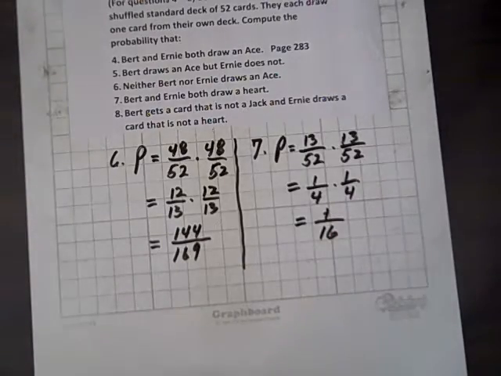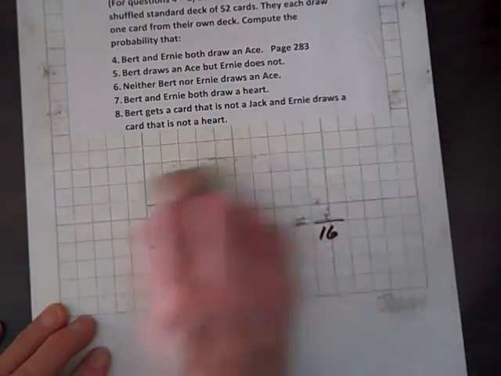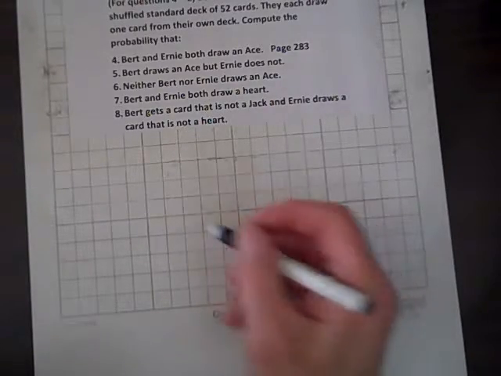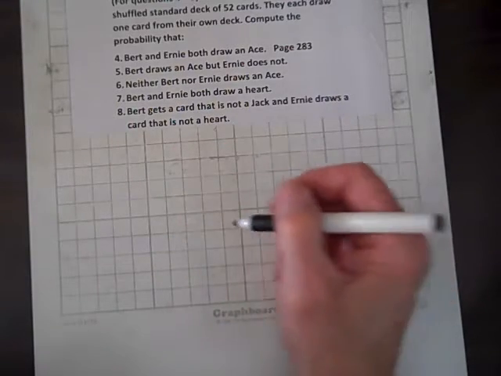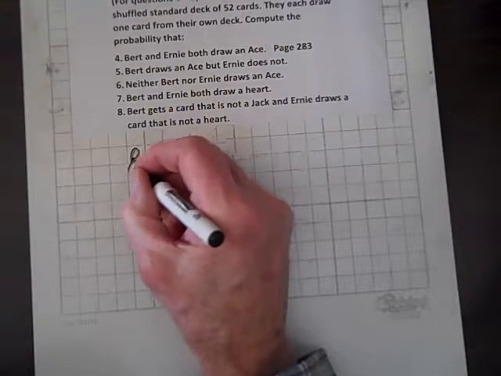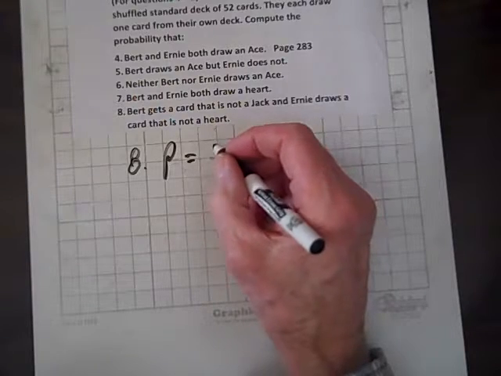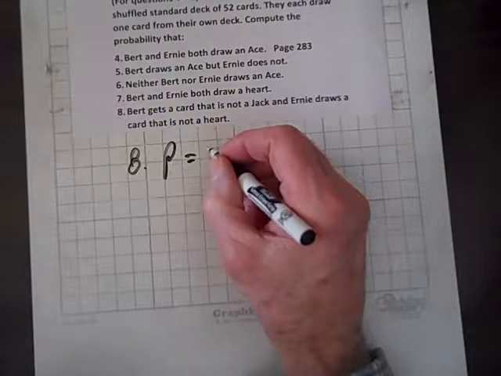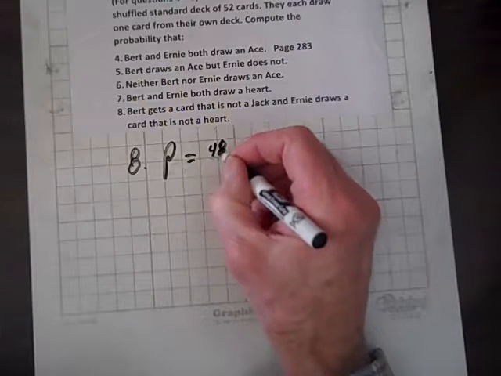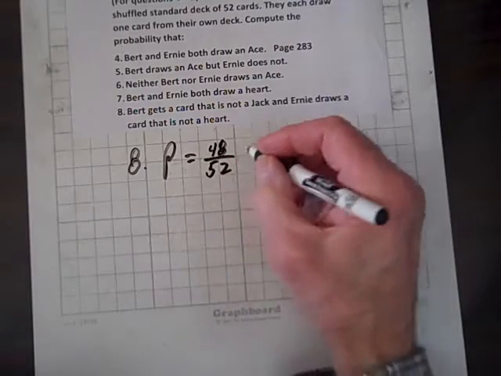So we have one more question to deal with, and that is 8. For 8, Bert gets a card that is not a jack, and Ernie draws a card that is not a heart. Well, there are 48 cards in the deck that are not jacks, so that's 48 out of 52 cards.